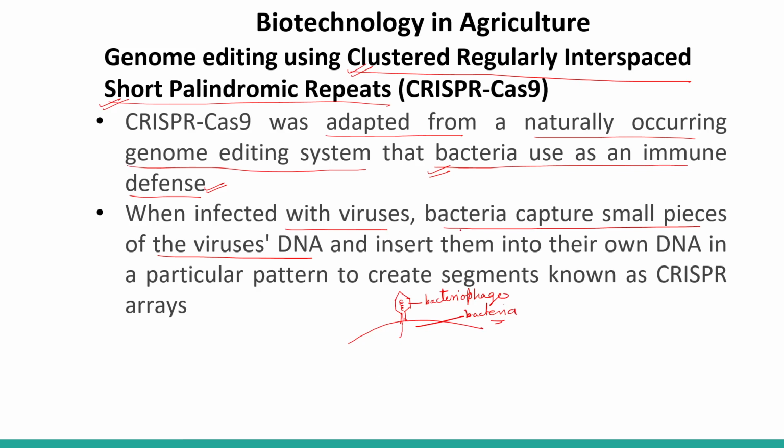The bacteria take a part of the viral DNA and insert it into their own DNA in a particular pattern to create segments known as CRISPR arrays, that is, clustered regularly interspaced short palindromic repeats.